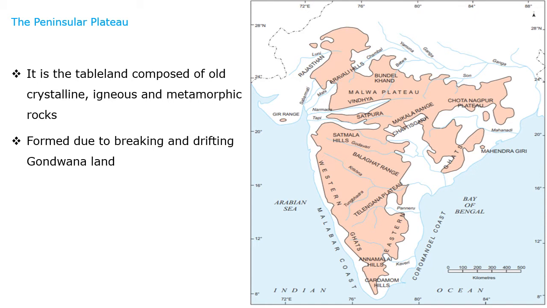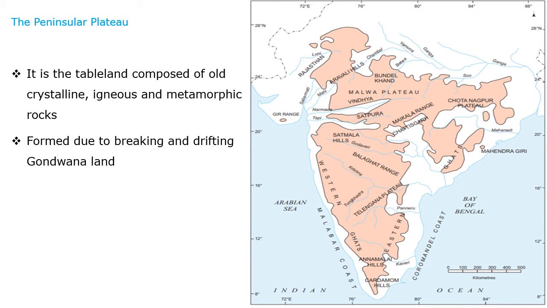But due to the tectonic movements of the plates, slowly our landmass was broken down into two large pieces. The north is called Angara and the south part is called Gondwana. So this was at a very old time.